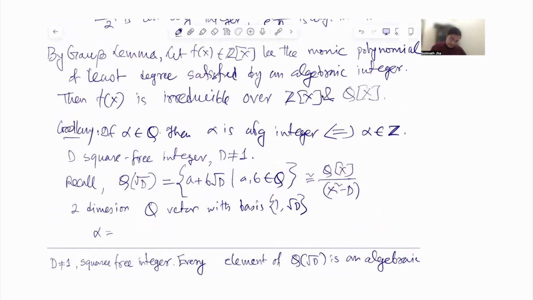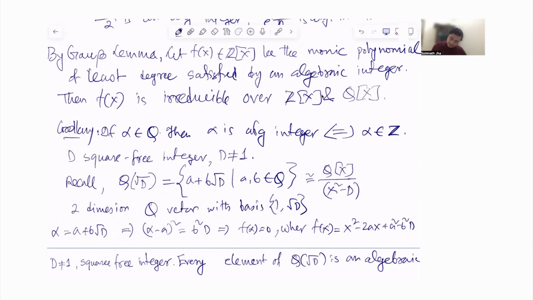If you write alpha equal to a plus b root d, then alpha minus a whole square equals b squared d, which implies f of alpha equals 0, where f of x equals x square minus 2ax plus a square minus b squared d, and this is a polynomial in Qx.